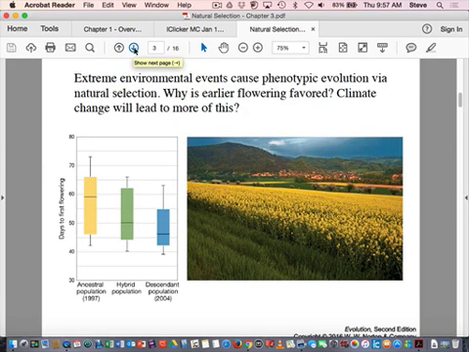So we can demonstrate natural selection really easily, and there are thousands of examples of it. I focus on a lot of things in terms of extreme environments. We can really look at how extreme environmental effects can cause phenotypic evolution via natural selection.